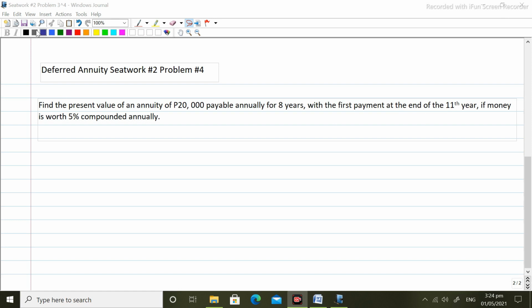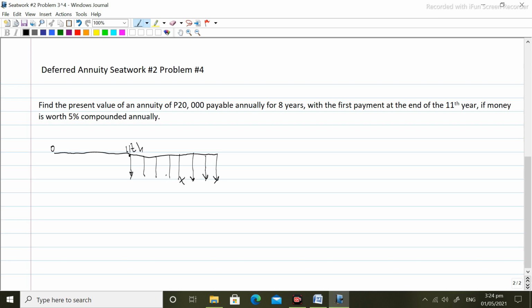So, pagka idinrawing natin po yung cash flow, then 0 year, then hanggang sa 11th year. So, ito po yung una nating bayad sa 8 bayaran. So, meron tayong 8 payments. So, 1, 2, 3, 4, 5, 6, 7, 8.